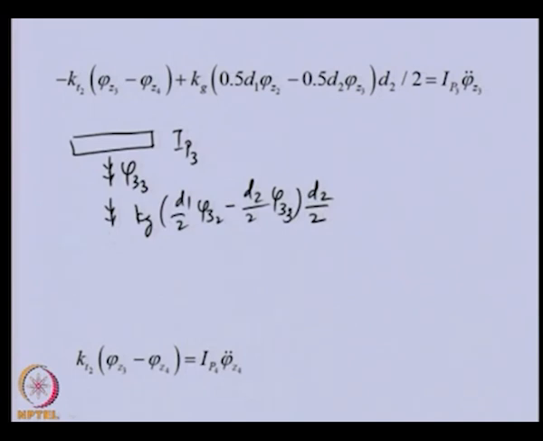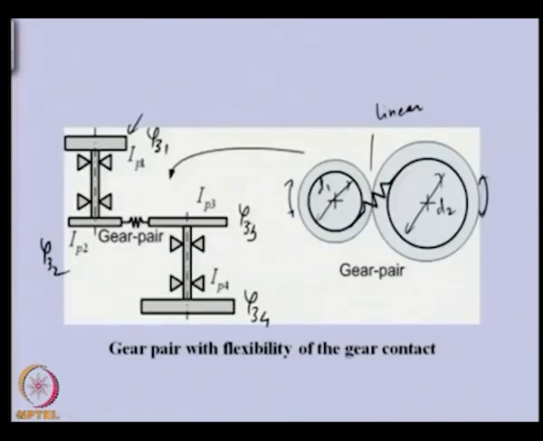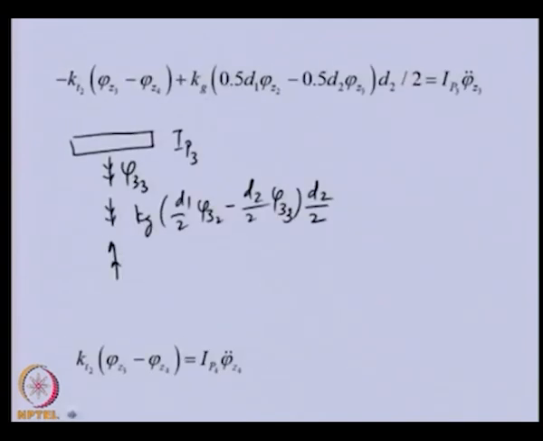And then from the second shaft, we have taken care of this, but this shaft is connected with this second gear. So, this will also give a reaction torque, because there will be relative twist between the two ends of the shaft. So, this will be opposite to the displacement: KT2 times (phi Z3 minus phi Z4).